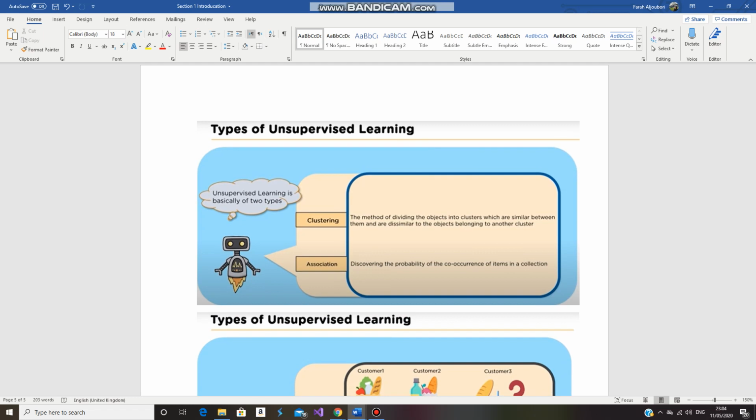That's called unsupervised learning, and it comes in two parts: clustering and association. Clustering is the method of dividing objects into clusters which are similar to each other, across different areas, to see which one has the highest. Association is discovering probability.